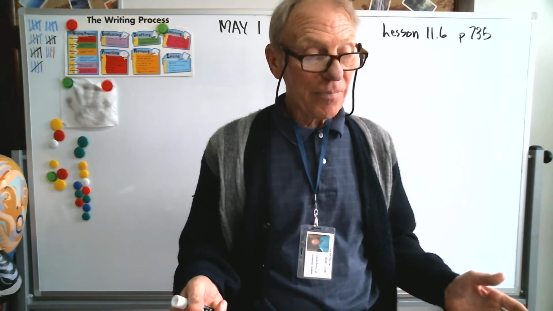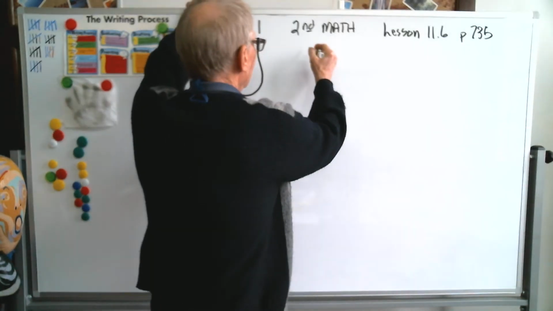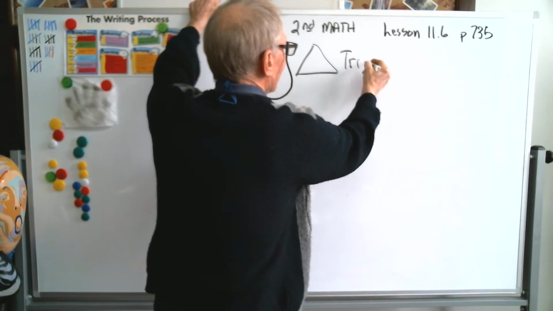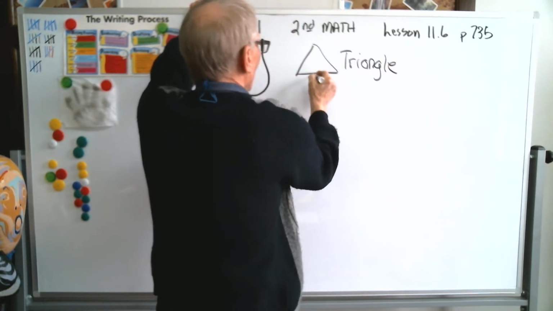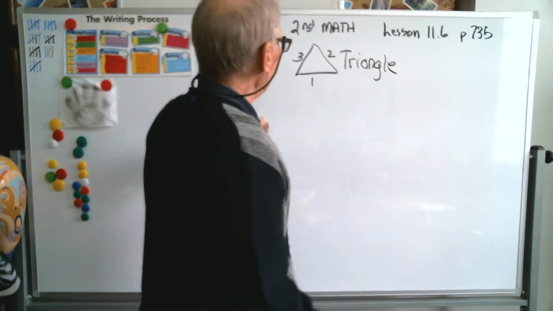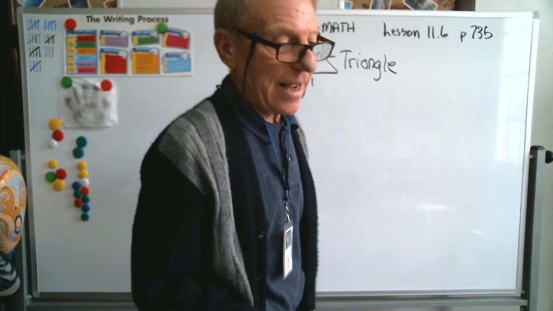Now, there can be shapes with all kinds of sides. A shape with three sides is always going to be a triangle. One, two, three sides.